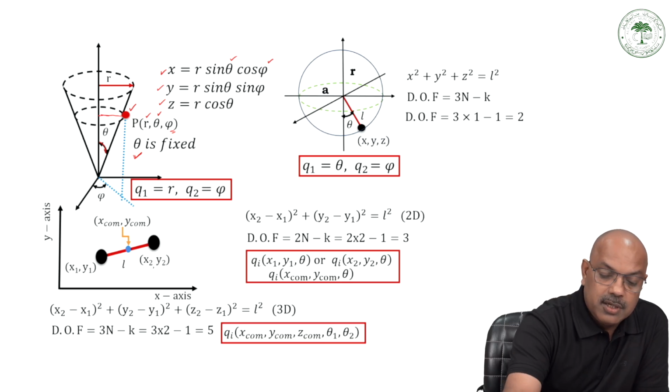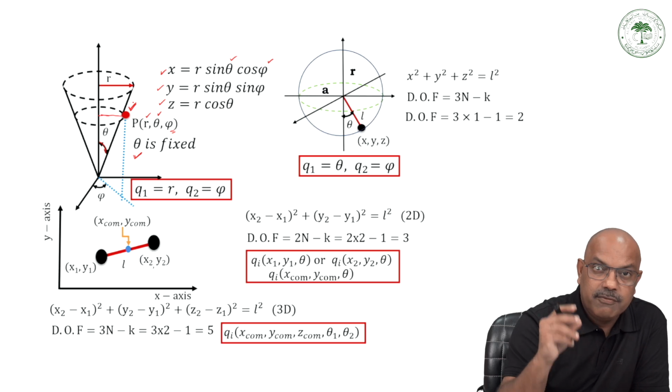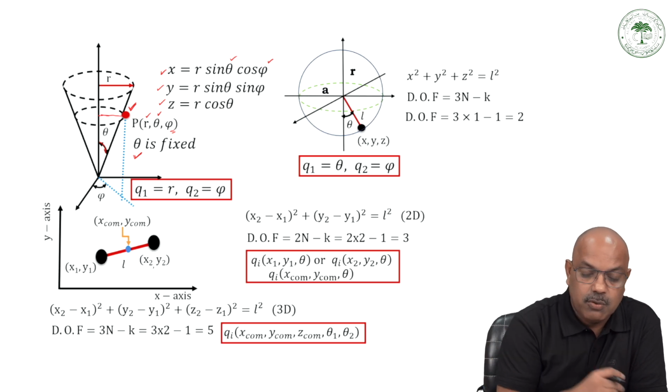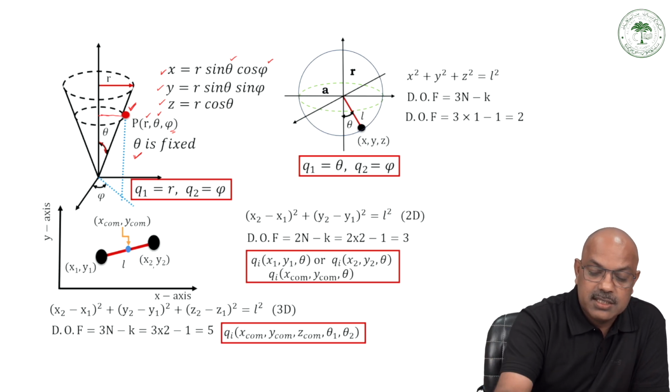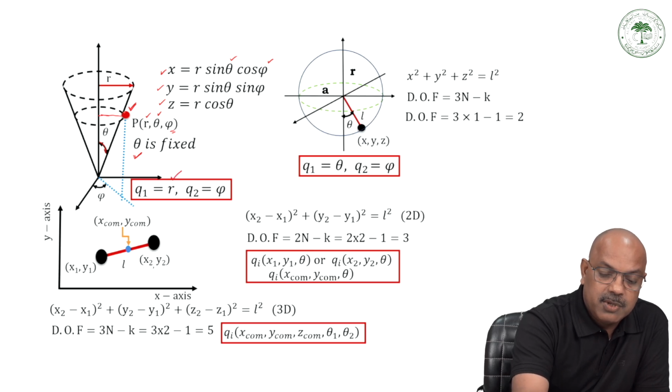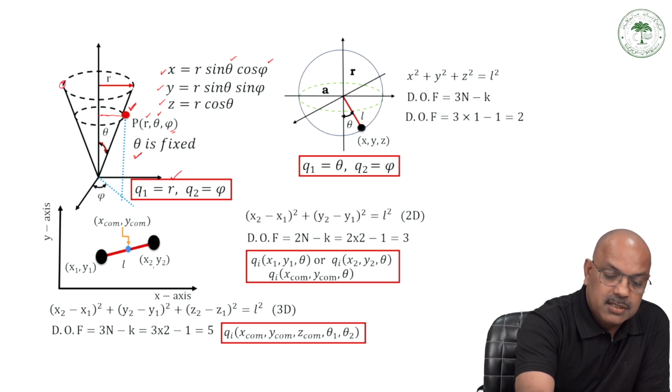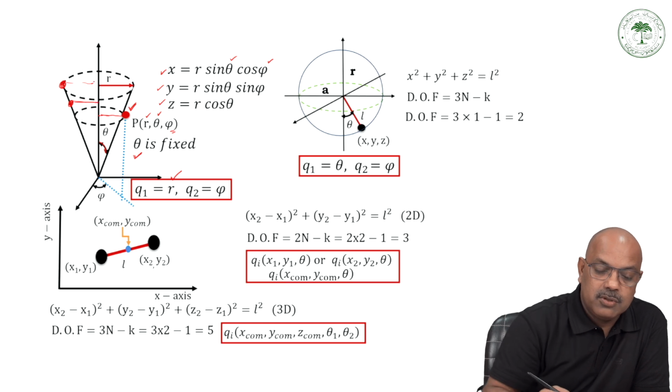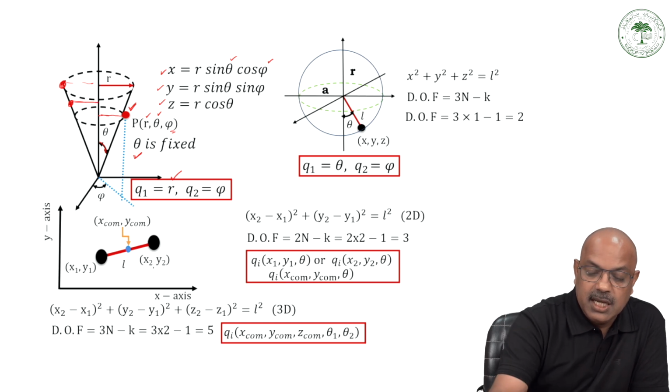If we want to specify the position of this particle on the surface of this cone, what I need is, one, r. Where this particle is here, or here, at this position is going to be this r, and at that position is going to be this r. So r is not fixed, it depends upon where the particle is, and the second is phi.